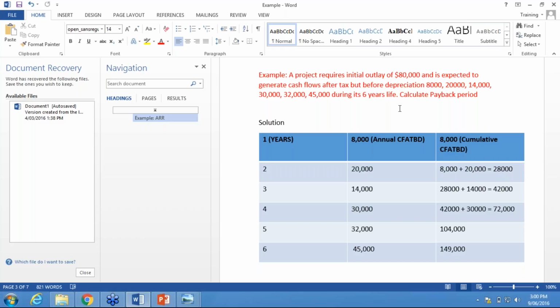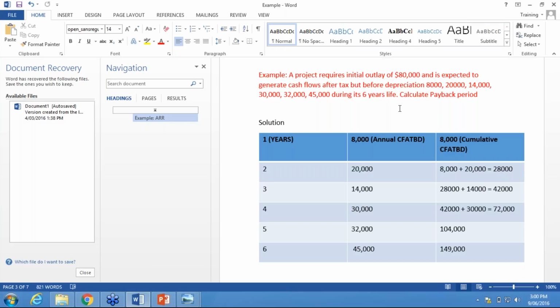But for the payback period method, we always consider cash flows. Now, what does cash flow mean? Cash flow means, please note down, after tax but before depreciation.